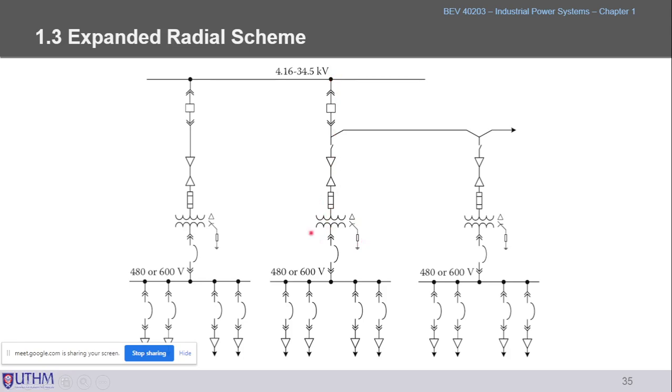We have the distribution transformer, then we go to our switchgear, and then it will feed the rest of the load centers in our factories. If we want to expand the radial, we simply take it from before the distribution transformer, and then expand it to another. So this is the expansion of our factories.